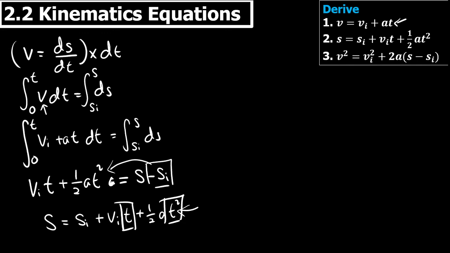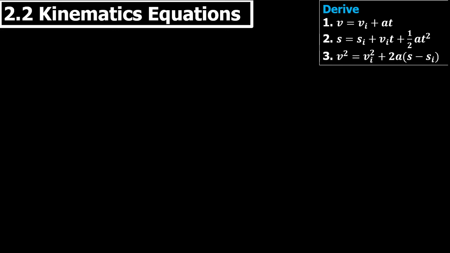The last one, which is v as a function of displacement, is a bit more tricky. At this point you'll see how important the number 1 is. As before, we used a equals dv over dt, and we also used v equals ds over dt. Why?